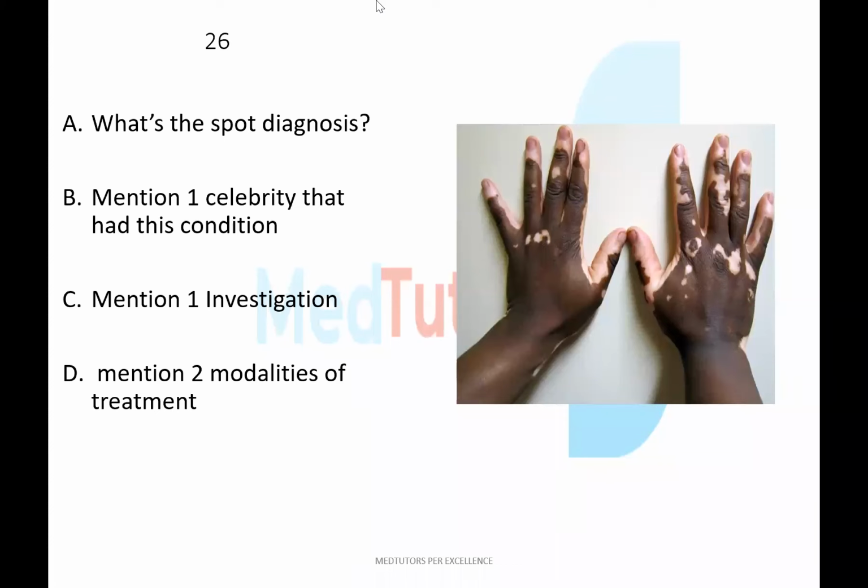Some of the things that you can do for investigating a patient with vitiligo, you can do a wood lamp and microscopy. The most definitive way to make the diagnosis, which we don't routinely do, is to do a skin biopsy.